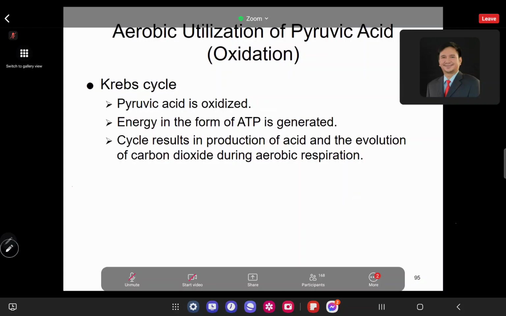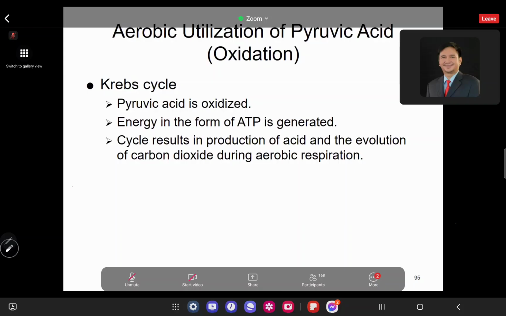So this is now your Krebs cycle, wherein your pyruvic acid is oxidized during aerobic respiration. It produces energy in the form of ATP, adenosine triphosphate, generates acids and carbon dioxide as byproducts. So central to energy metabolism in aerobic bacteria as well as eukaryotic cells.